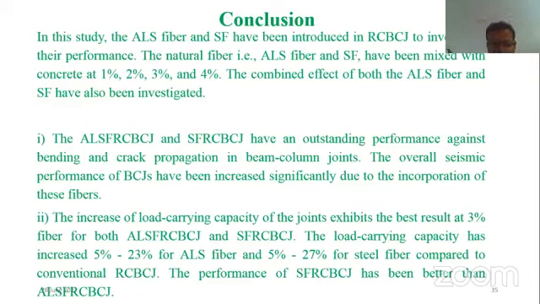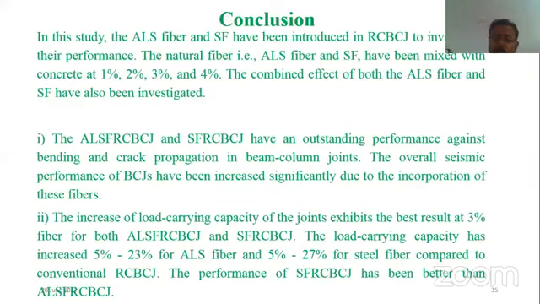Next, the performance of the joints has been explained in terms of energy dissipation, stiffness degradation, and various other aspects. First, we see that areca leaf sheath fiber reinforced concrete beam column joint and steel fiber reinforced concrete beam column joint have outstanding performance against bending and crack propagation in beam column joints.